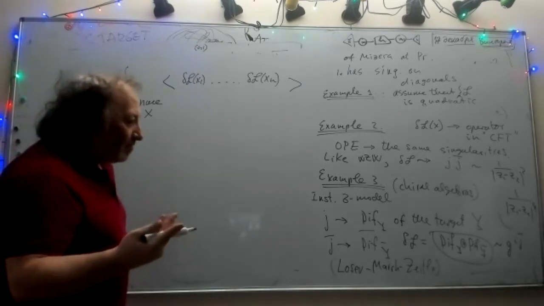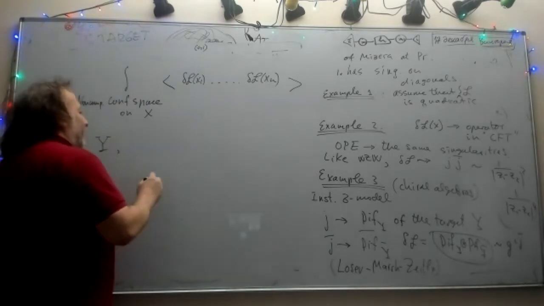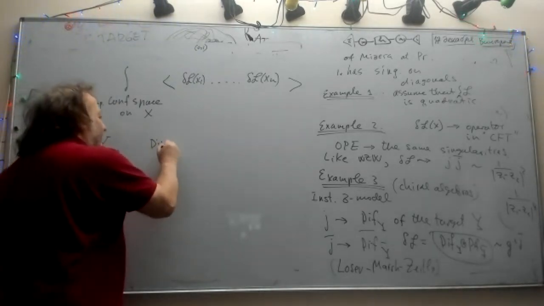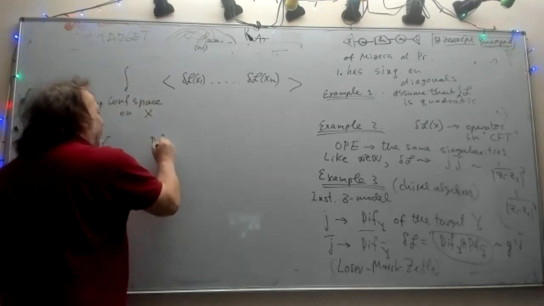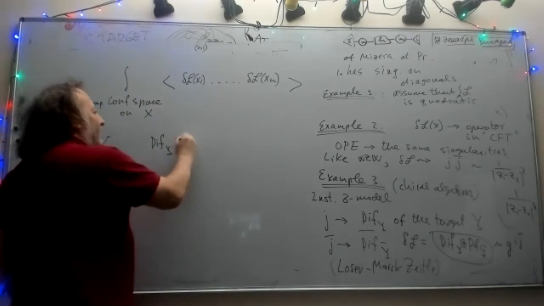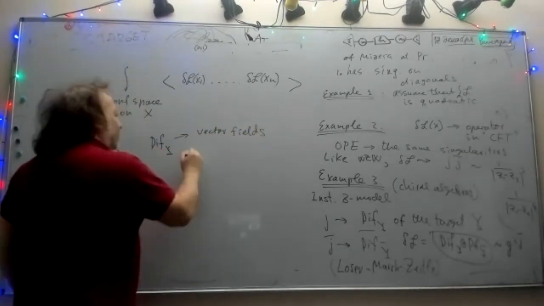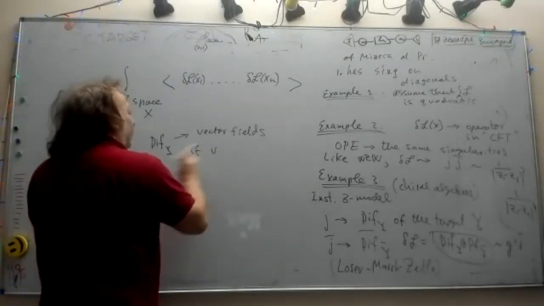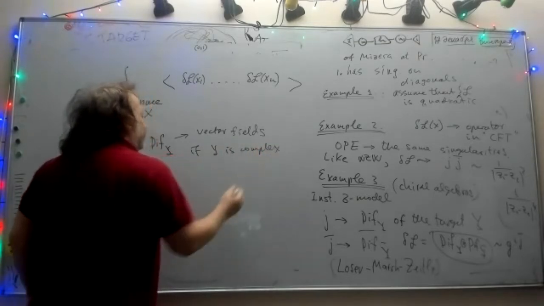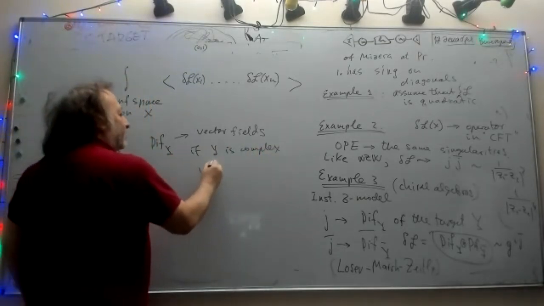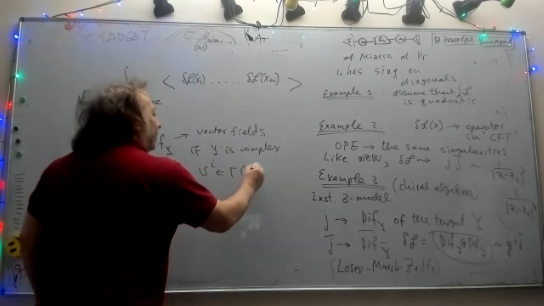Suppose we have, well, let me make a statement. Manifold Y. Then I have the space of differentiations of Y. In the smooth case, there are vector fields. So if Y is complex, I may consider V's that are smooth sections of T10.